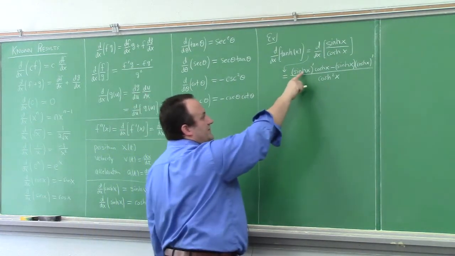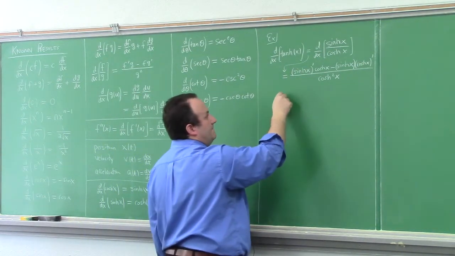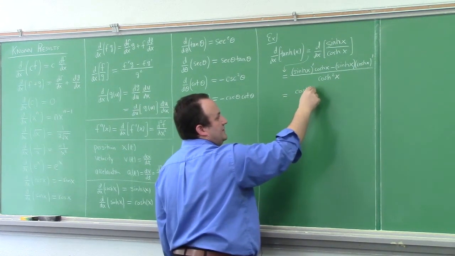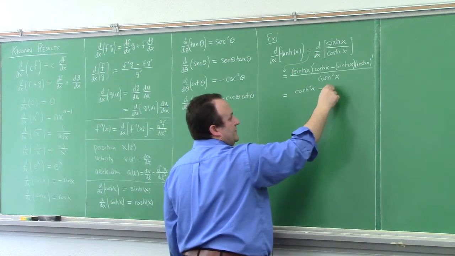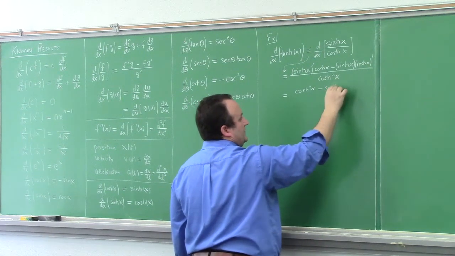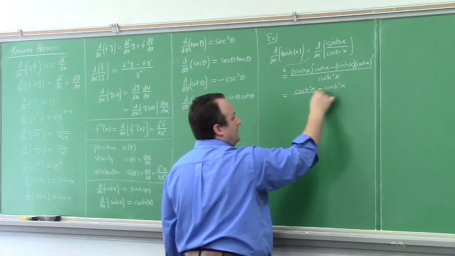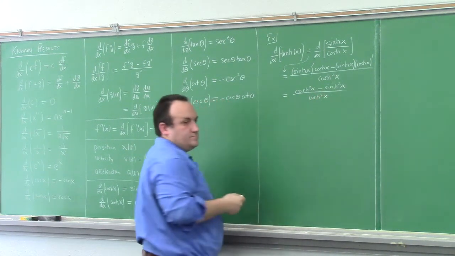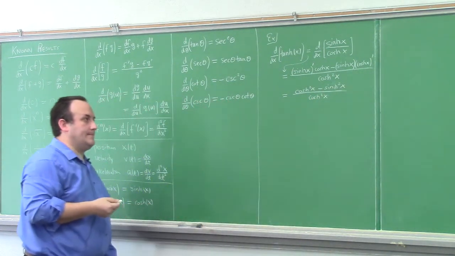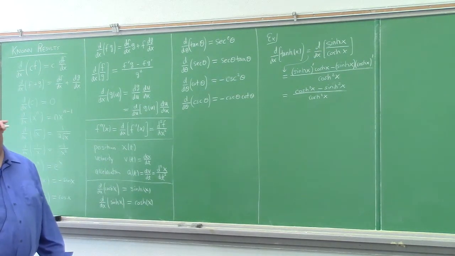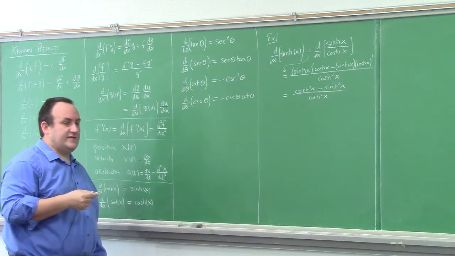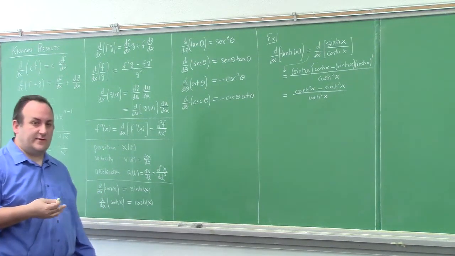So the derivative of sinh is what? Cosh, right? So we've got cosh squared x minus sinh squared x. What is cosh squared minus sinh squared? Well, one of the fundamental identities for cosh and sinh is that cosh squared minus sinh squared is in fact 1.